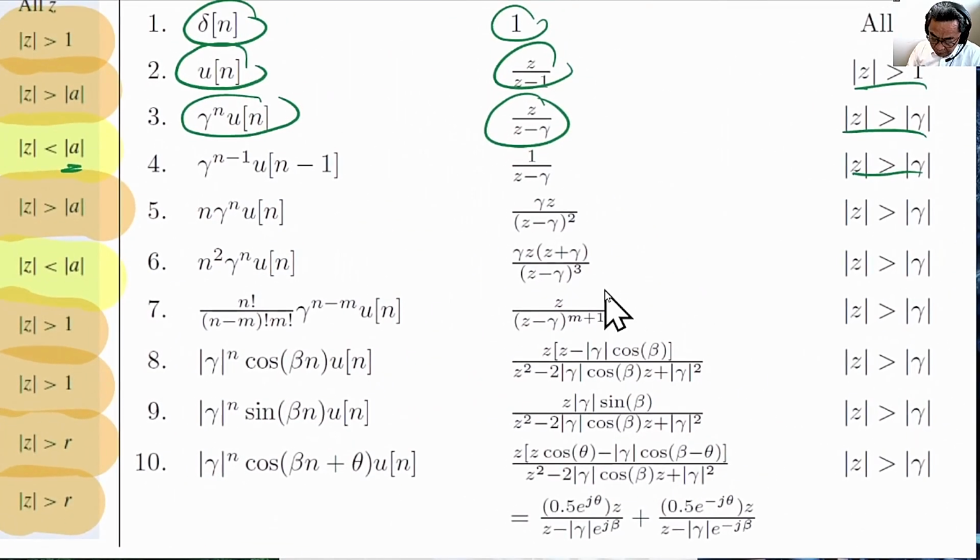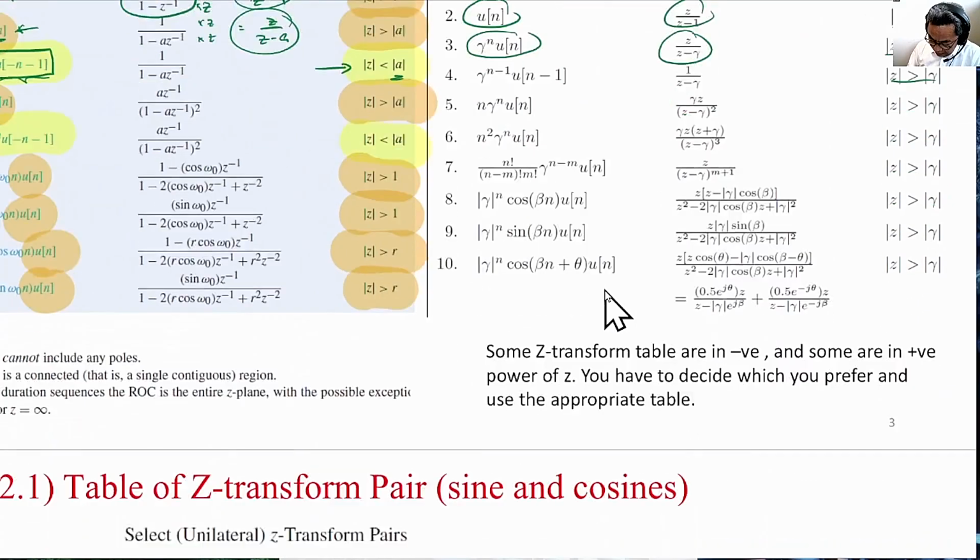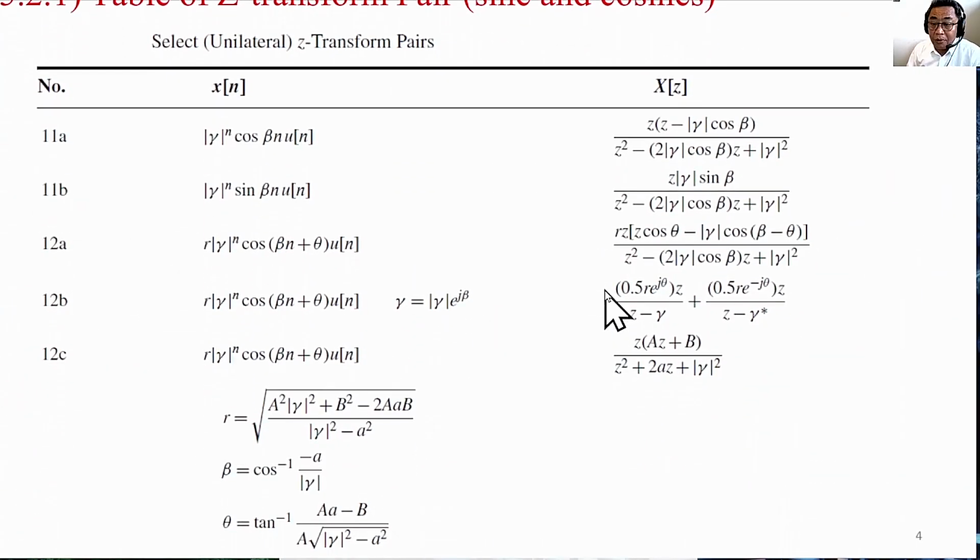Typically, I prefer the positive power of Z, and so I now list more entries for you where we have cosine as well as multiplying by some exponential, decaying or growing depending on gamma.